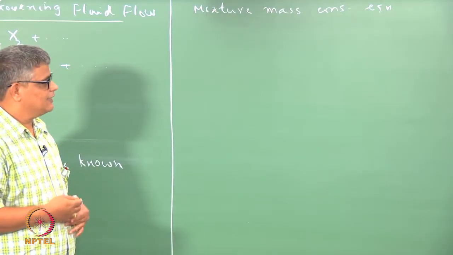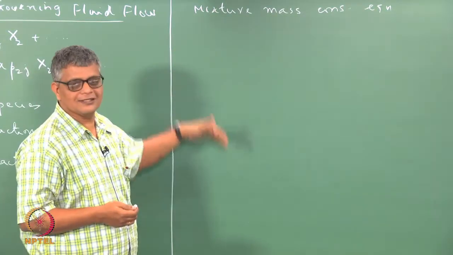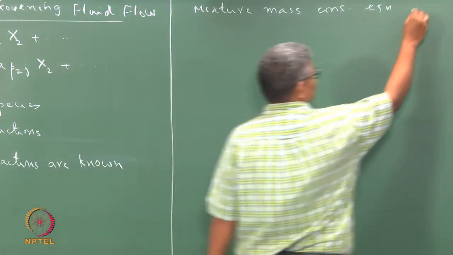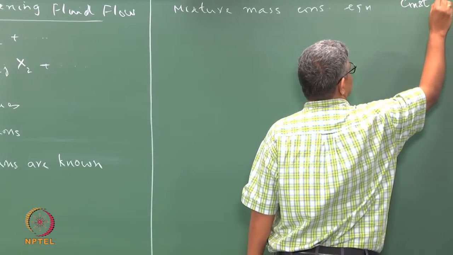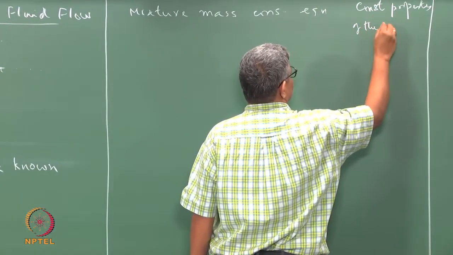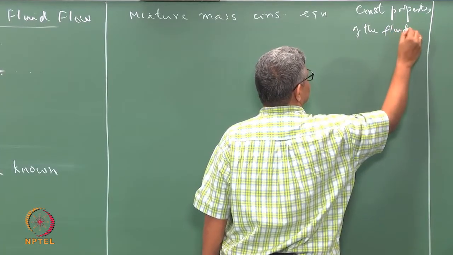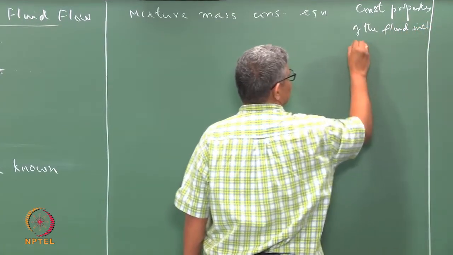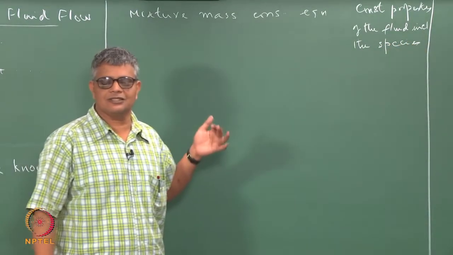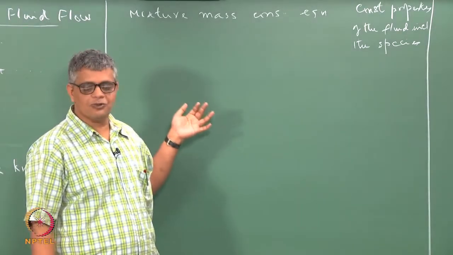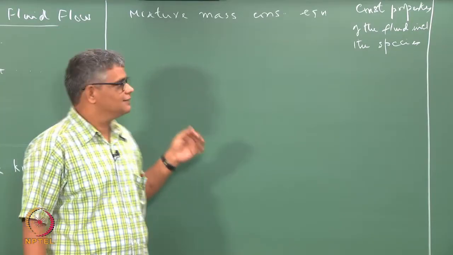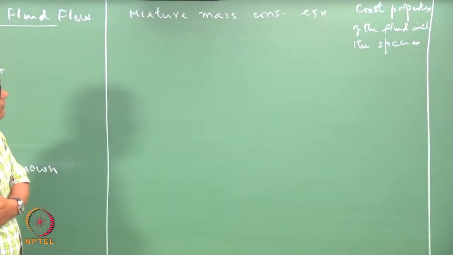We can always write down the more complicated form, but for our easy understanding we will take the simplest form with constant properties of the fluids, including the species. All the relations like thermal conductivity, specific heat, and other properties of the individual species and of the mixture are expected to be known and constant when we are writing down this simplified form of equations.